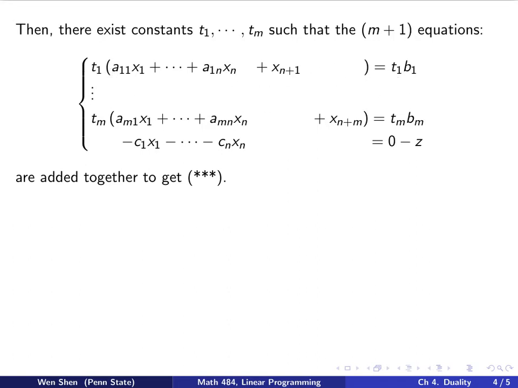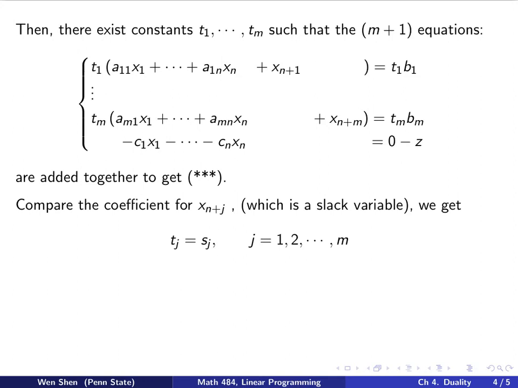We can summarize the pivoting process in a specific form. Effectively, each constraint is multiplied by some constant, which I call t1, t2 to tm. So there exist these constants such that if I multiply one of them on each constraint, there will be m of them, and together with the original form of the objective function, I have m plus 1 equations. If I add them all up, this will give me equation triple star.